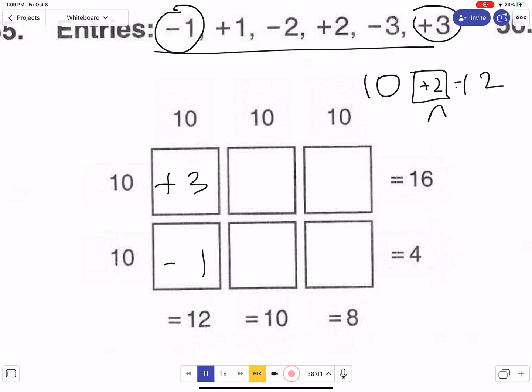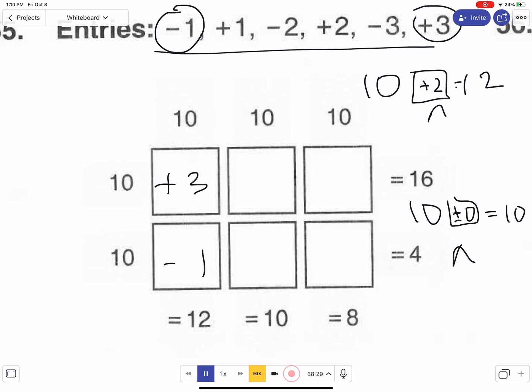So now we have that. Now let's do this column. So to get from 10 with that box, you'd have to do minus 0. You're not supposed to change anything, so 10 minus 0 should equal 10. It could be a plus 0 or minus 0. Doesn't quite matter, but a 0.